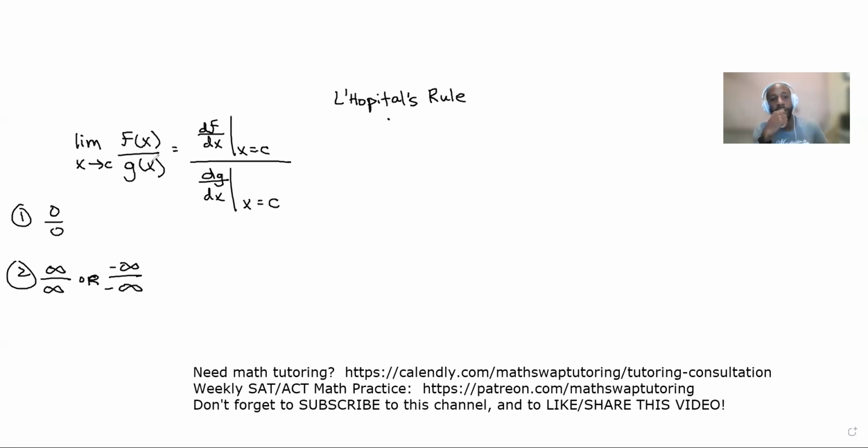This rule applies because this is what's called an indeterminate type of situation. Basically, you can't have zero in the denominator, because everything blows up from there.